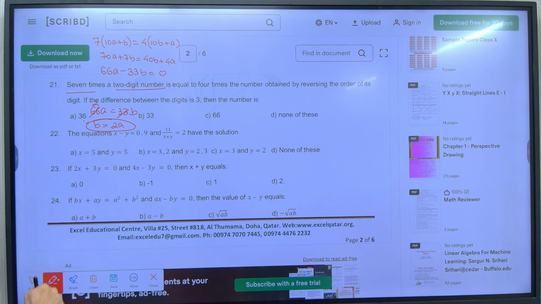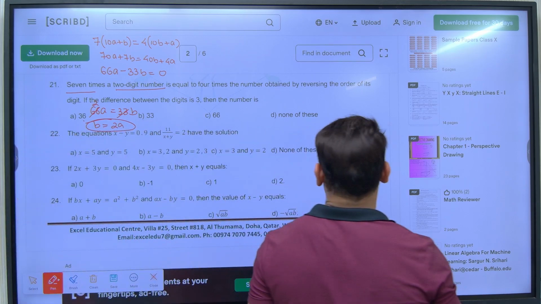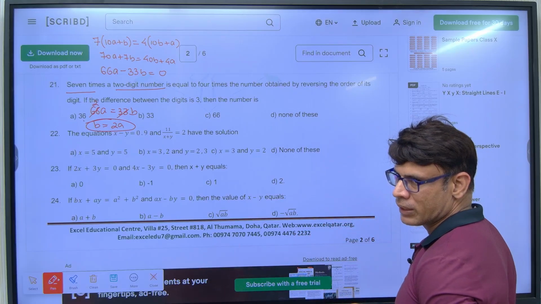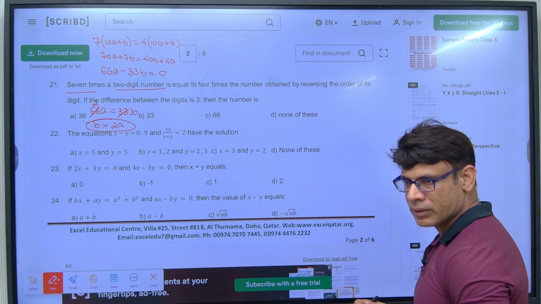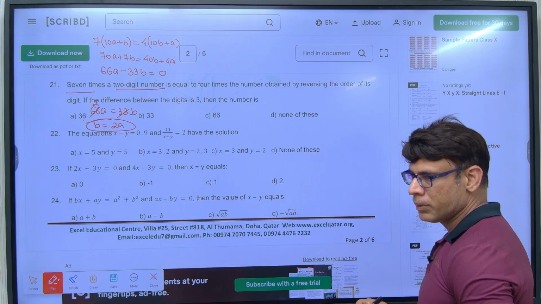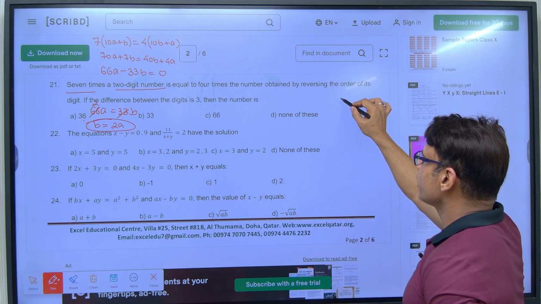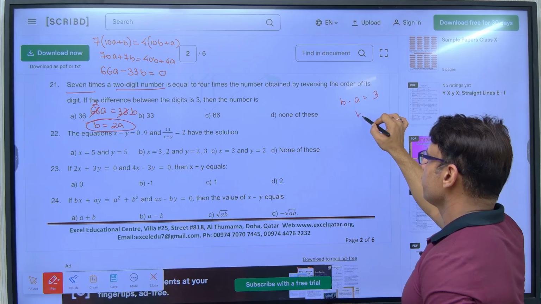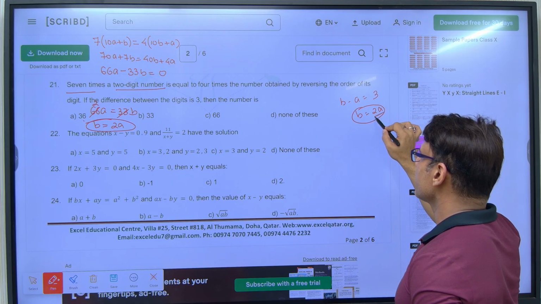Here b is double of a. But one option is none of these. When we have none of these, I have to work further. What is given? The difference between the digits is 3. So can we say b is greater than a? b is twice of a, so b is greater. So the difference means b minus a is 3, and b is also equal to twice of a. So in place of b, put 2a.